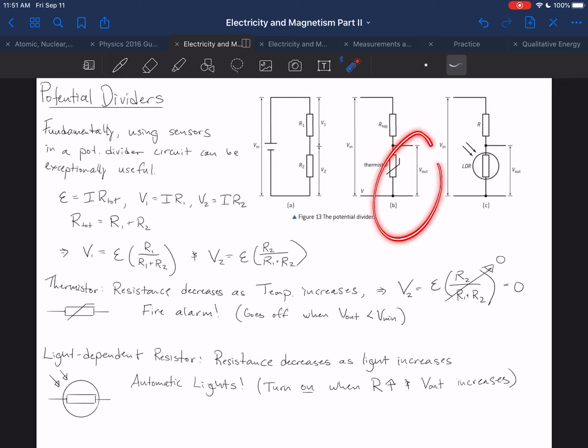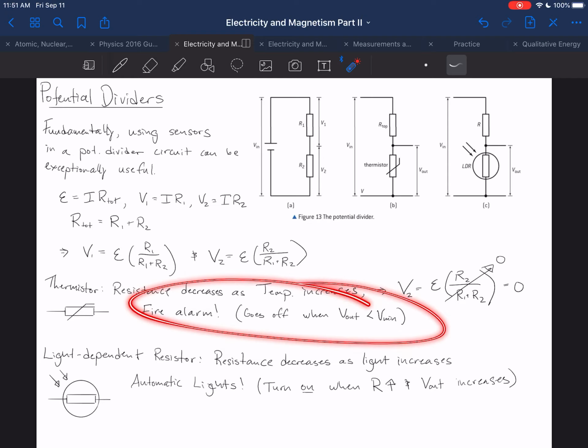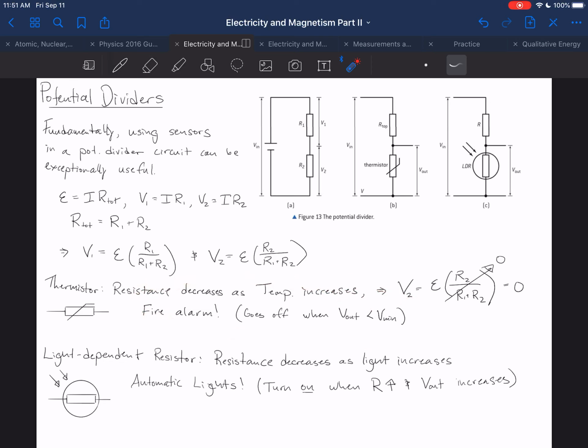If you can imagine tying V out to some kind of alarm, this is a way to design a fire alarm, okay? So something that could tell you if the heat has gotten too high. Most fire alarms are actually smoke alarms, so they work in a different way, but this would be a way to alarm something if it went past a particular temperature.